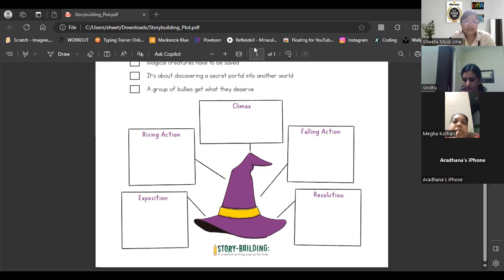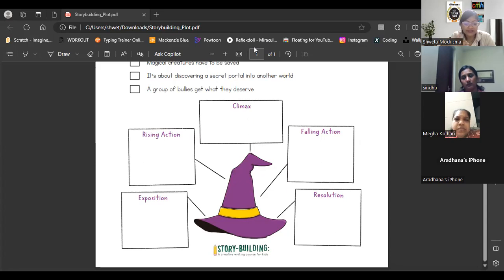Then comes the climax, the most intense part where the main conflict reaches its peak. If it is about a secret, if it is about a fight, whatever it is in your story, this climax is the most important part. Children feel, oh my God, now what's gonna happen?